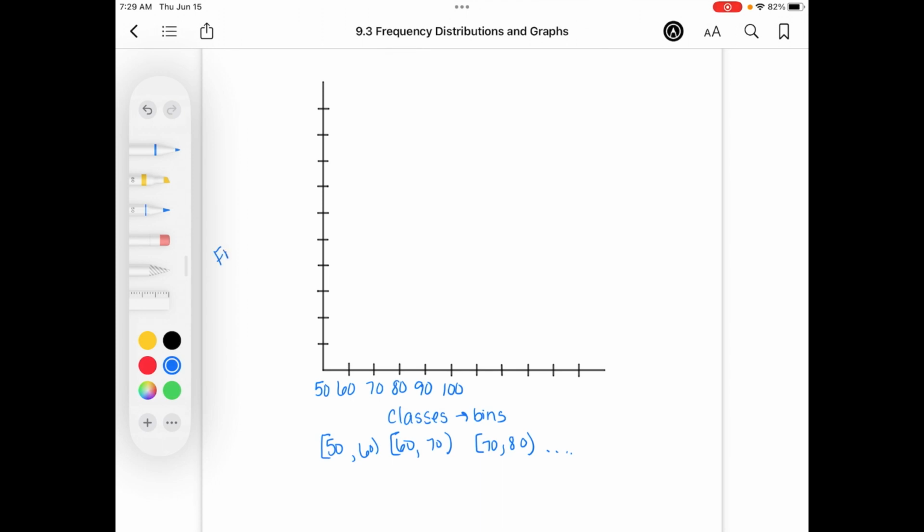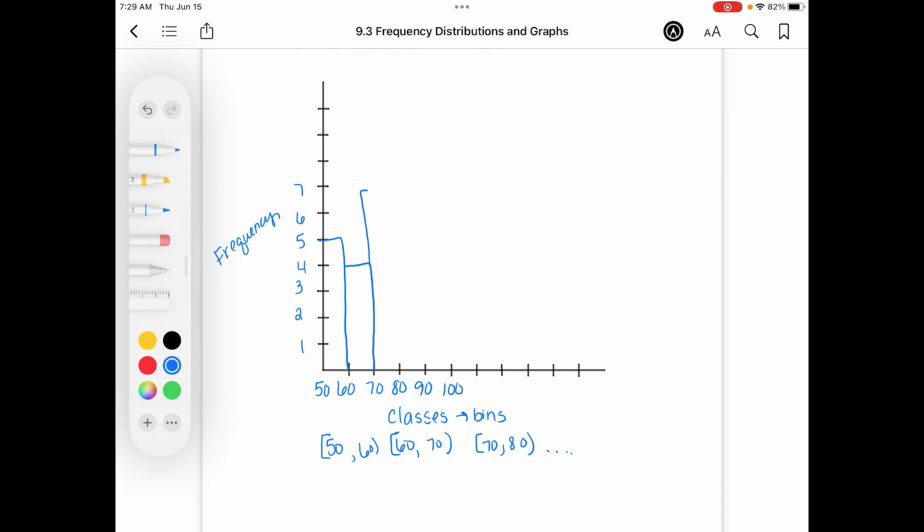And then we have our frequency on the left. So between 50 and 60, there were 5. I'm going to drop it right down to 60. And then, starting with no gaps, I had 4.